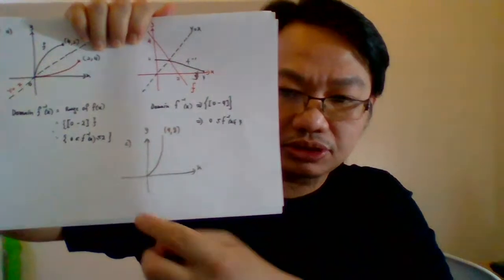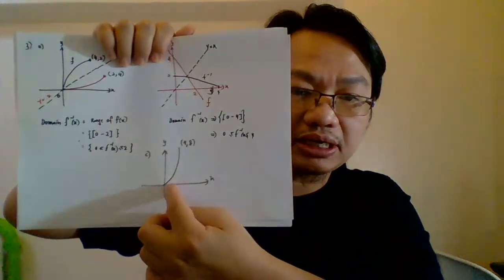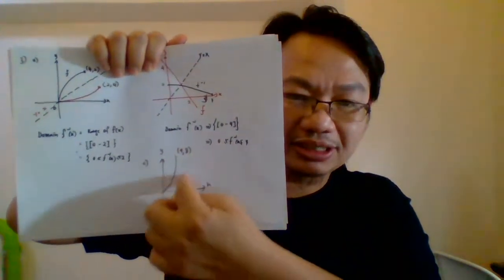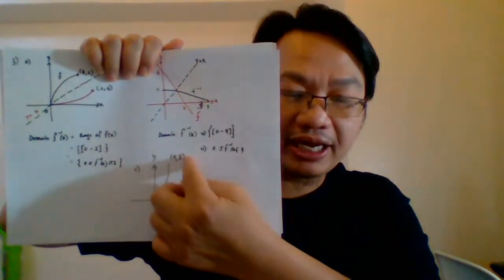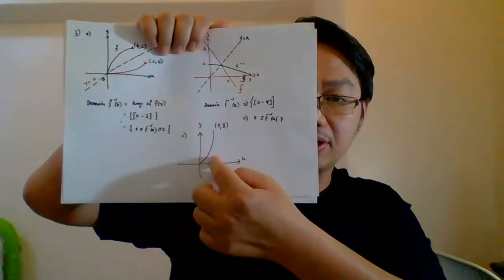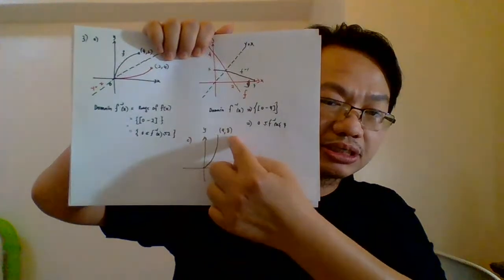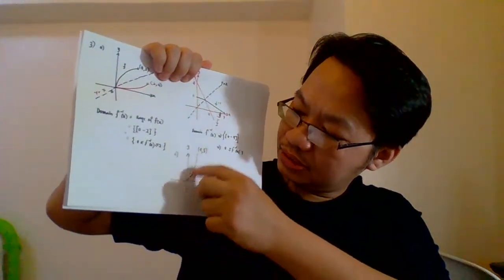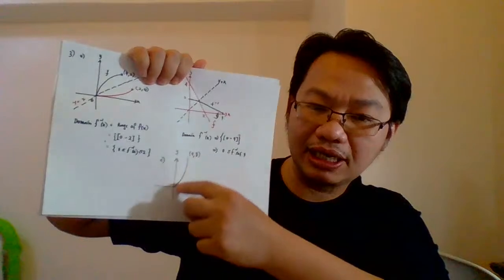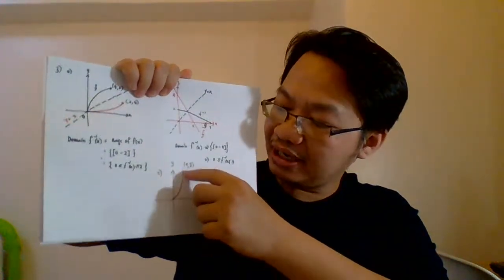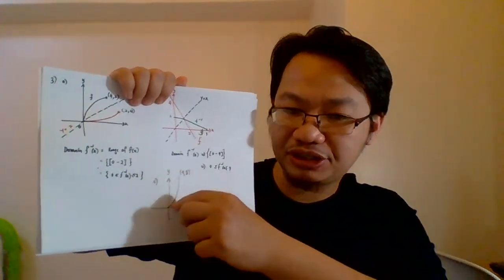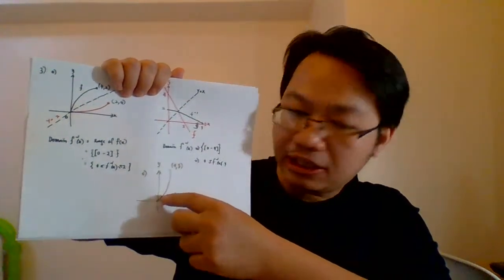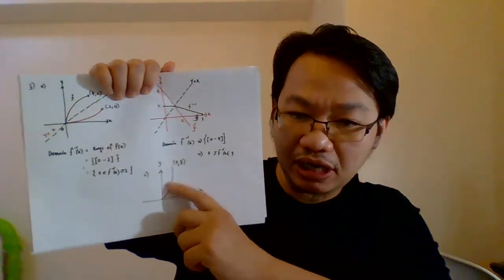The graph is not a reciprocal graph. It's more of a quadratic graph, or an exponential graph. Alright, so this is a normal function graph.